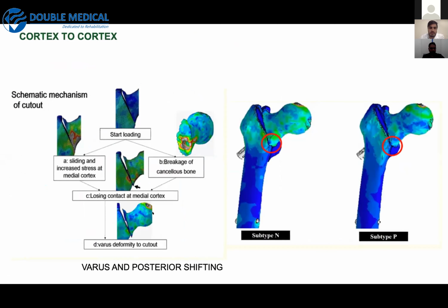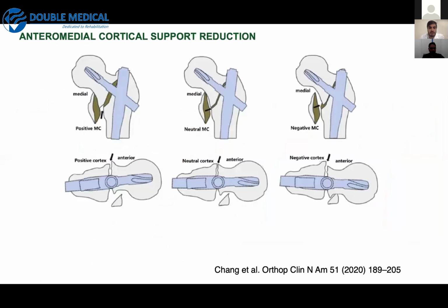So when you have this contact, you can have good support, and you can prevent varus and posterior shifting of your reduction.